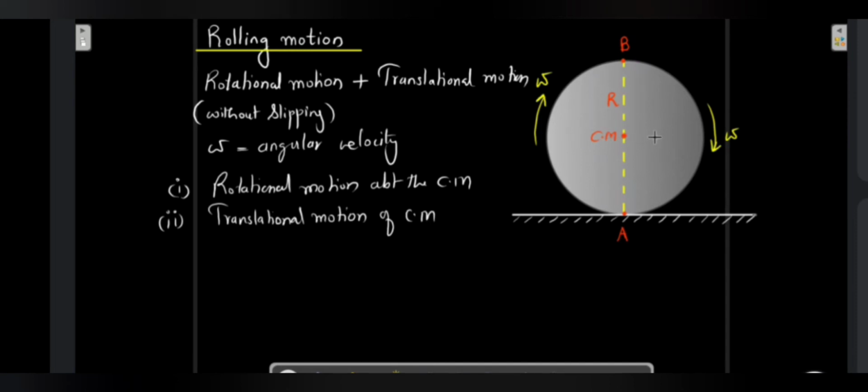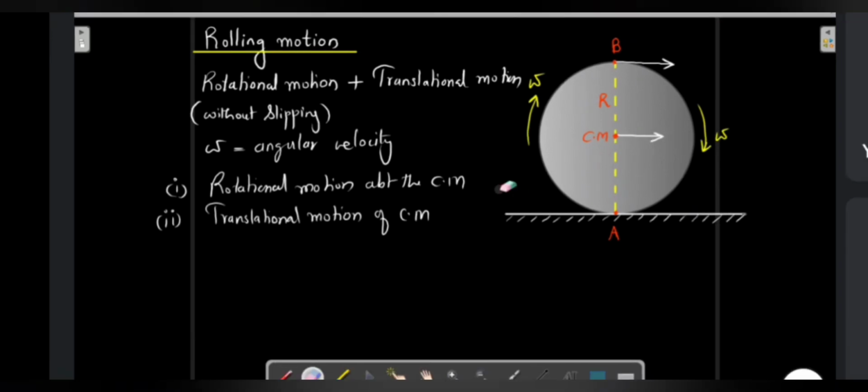The center of mass is going to move forward, right? As this body rolls, the center of mass moves forward in this direction. Rather, all the points will move forward with a certain velocity, as well as there is going to be a rotational motion about this center of mass.